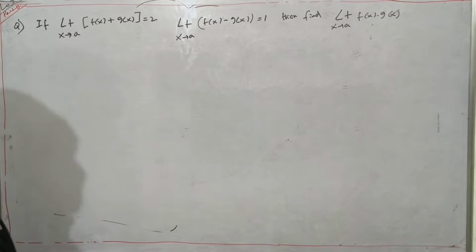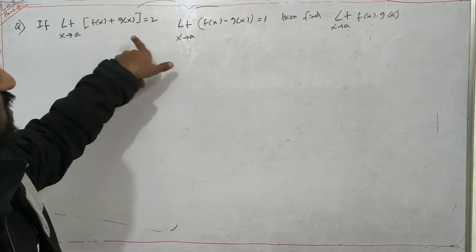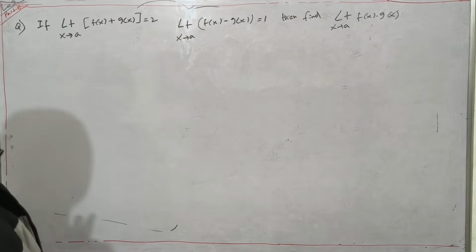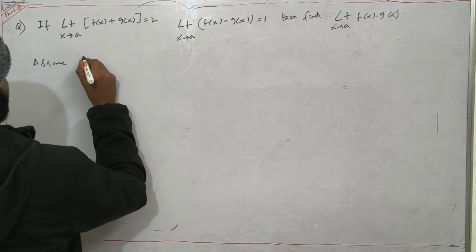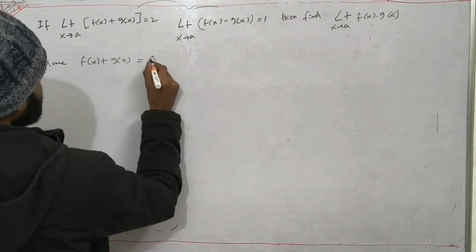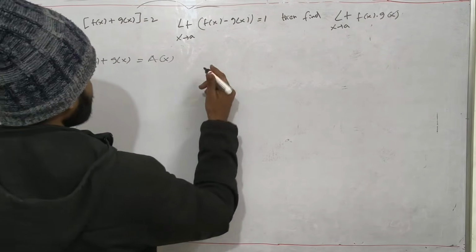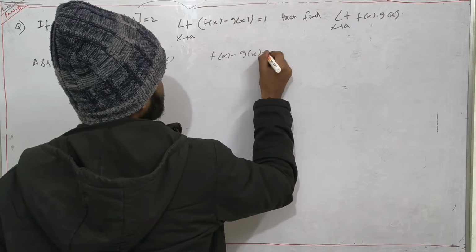Now, how will you find it? My approach is, I will assume f of x plus g of x equals some new function a of x, and f of x minus g of x equals some b of x.